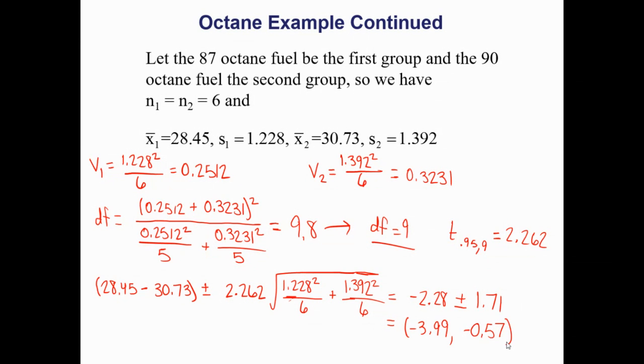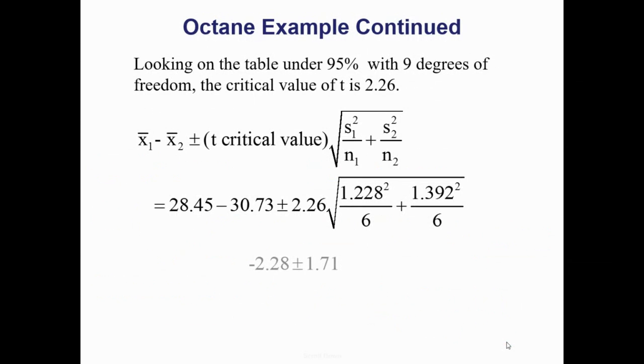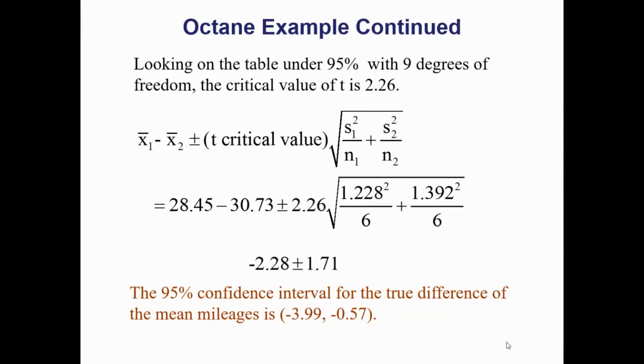Questions on this one? Okay. I guess we haven't stated our conclusion yet, so let's. The 95% confidence interval for the true difference of mean mileages is negative 3.99 to negative 0.57.